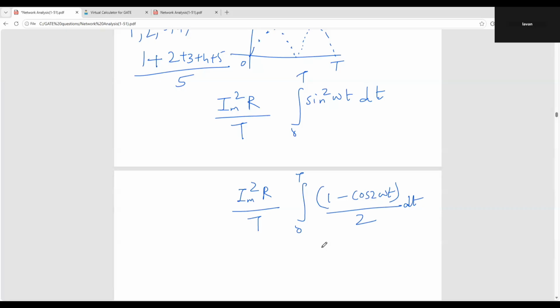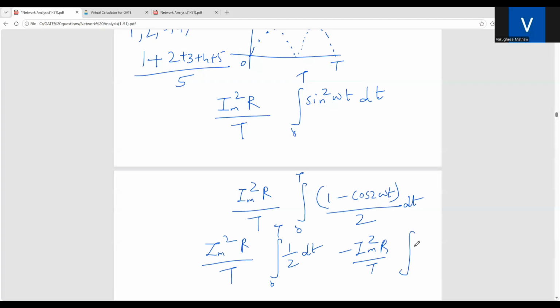Yes, sir. So if you integrate it, what will you get? Im squared R by T integral 0 to T 1 by 2 dt minus Im squared R by T integral cos 2 omega t dt by 2, 0 to T.